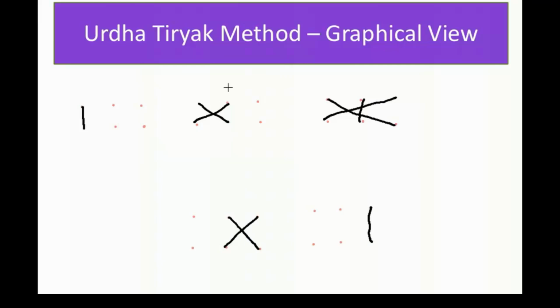Next, I can connect these 2 points. I can connect all 3 points crosswise, then I can connect these 2 points, then these points. This is symmetric to this, and this is symmetric to this. And here we are connecting all 3 points.